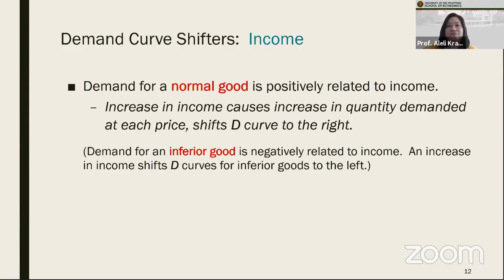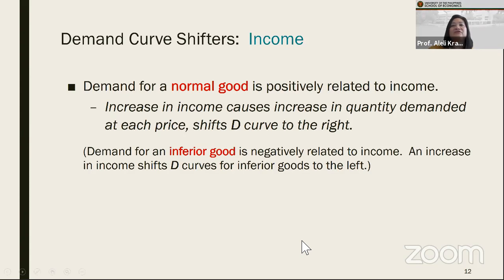Okay. So therefore, when income increases, you would expect that the demand for a normal good would increase, and that would result in a shift outward of the demand curve for that normal good. So you would increase the quantity demanded at each price.